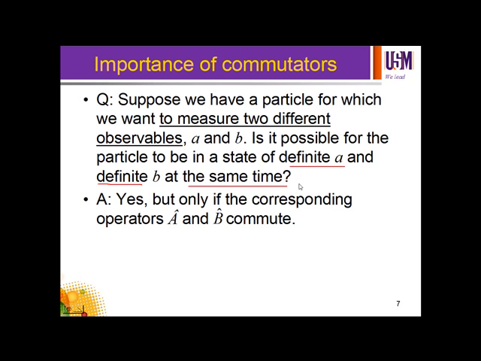If you have two different observables, that means two eigenvalues a and b, the answer is yes, but only if the corresponding operators A and B commute. That means two observables can be measured at the same time if the operators of the two values are commutative.